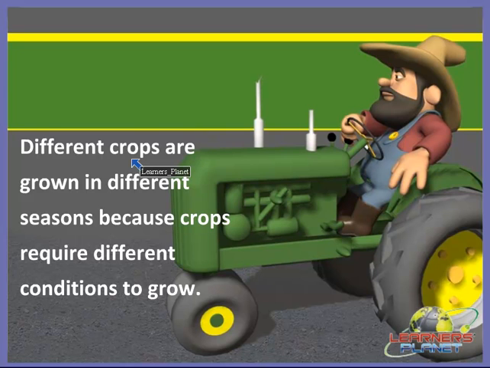Alright children? And why do we need to grow different crops in different seasons? Because different crops require different conditions to grow. For example, they are divided into Kharif and Rabi crops. So we will study the types of crops in detail in the next session.